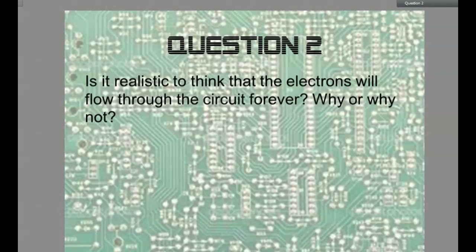What are possible reasons why not? Batteries run out of juice, right? What about light bulbs? Do they last forever? Nope, they don't either. And sometimes even wires. Yep, the filament breaks, and the wires could eventually wear out too. So they would not flow forever.